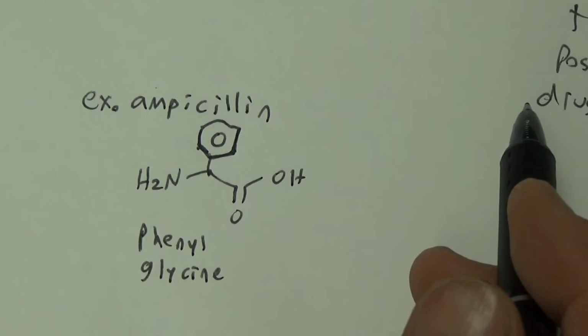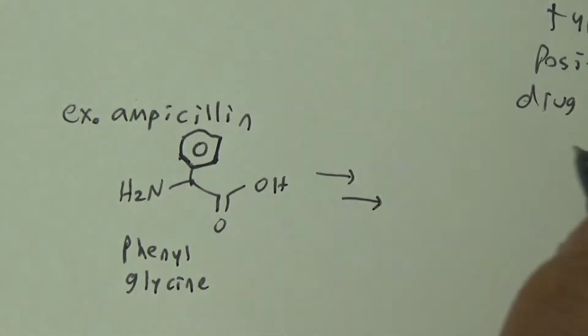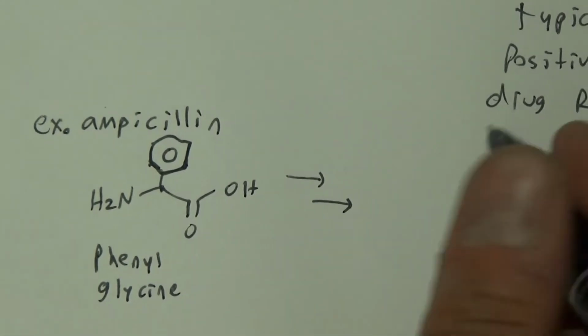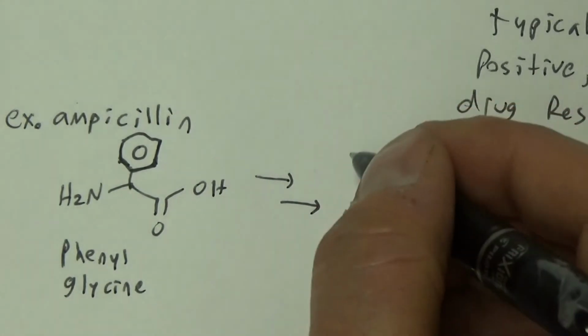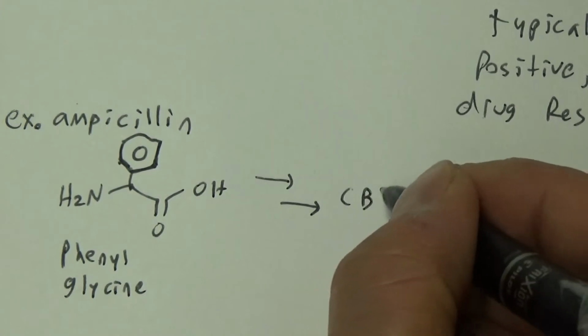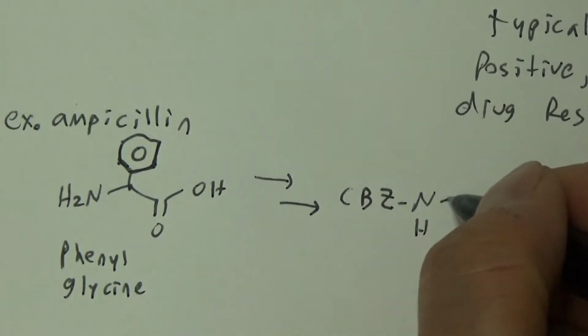Okay, so I'm just going to abbreviate a little bit. They need to attach a protecting group on nitrogen, and I'll draw what it looks like in a bit and tell you about it briefly. It's called CBZ. It's a nice nitrogen protecting group.